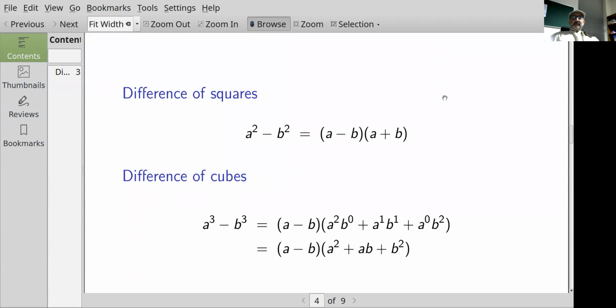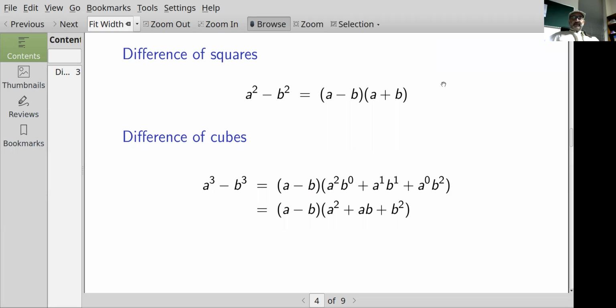You will have heard of the difference of squares formula: for two real numbers a and b, a squared minus b squared is equal to a minus b times a plus b. If we look at the difference of cubes, then a cubed minus b cubed looks like a minus b times a squared plus ab plus b squared.